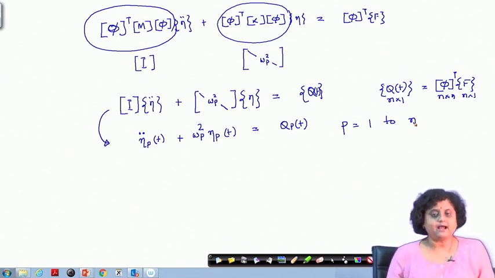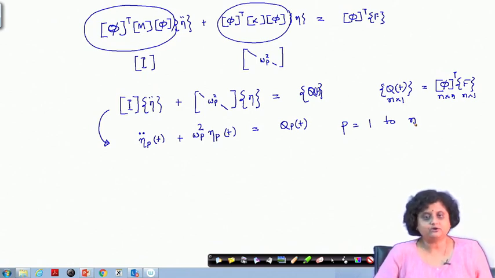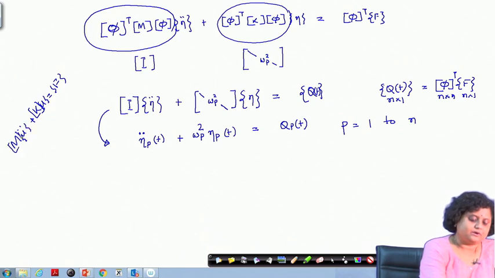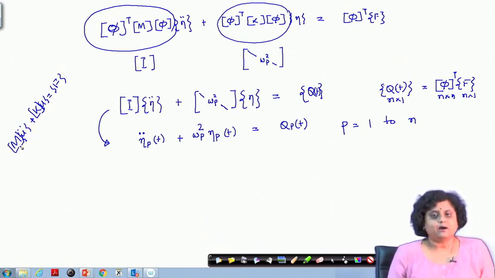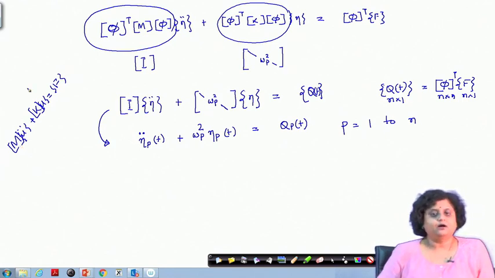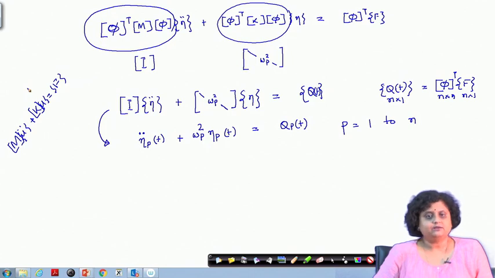So, what is happening? I initially had a matrix equation which was M u double dot plus K u is equal to F. Of course, these are all vectors and matrices. So, this was a coupled set of ordinary differential equations. Solving this set of coupled ordinary differential equations analytically is difficult.